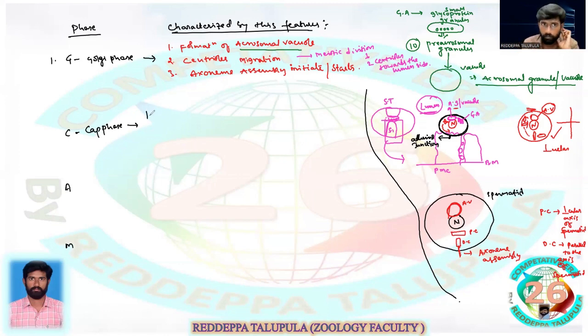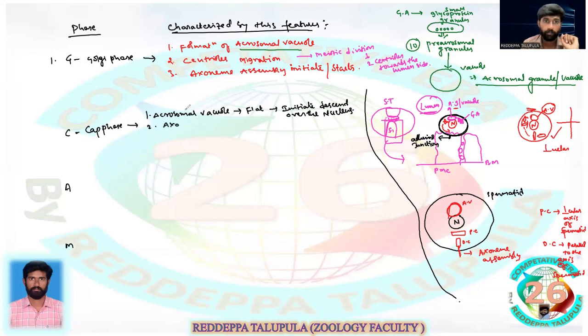The acrosomal vacuole formed here now becomes flat and initiates descent over the nucleus. Okay, it is the first key event.